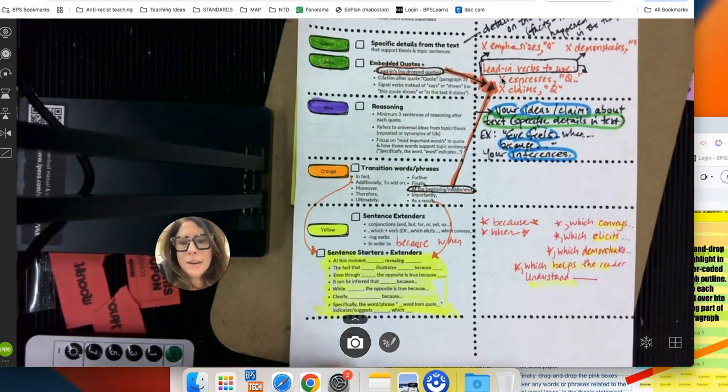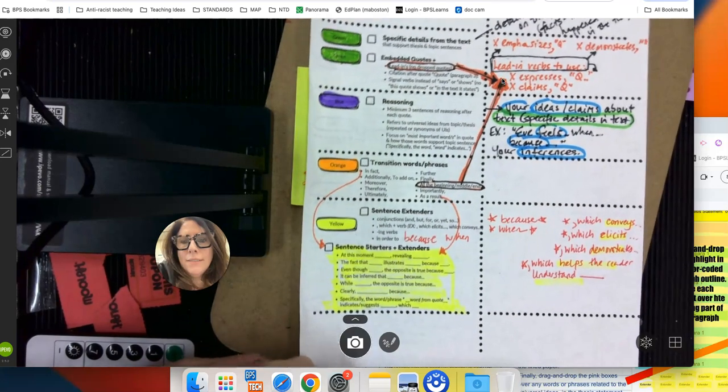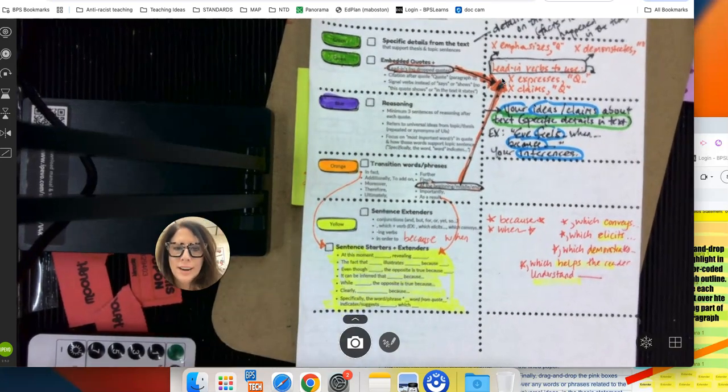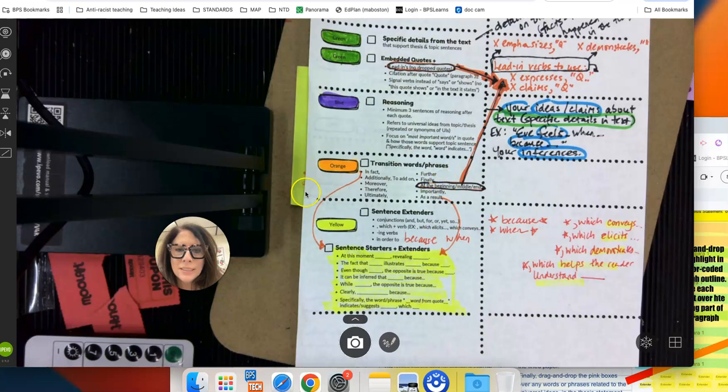Okay, let's get down here. We have transition words or phrases. These are not whole sentences. These are just these little samples right here that kind of guide us to the next sentence. You would not have an in fact as the first sentence of reasoning, because in fact tells us that you're building on something.